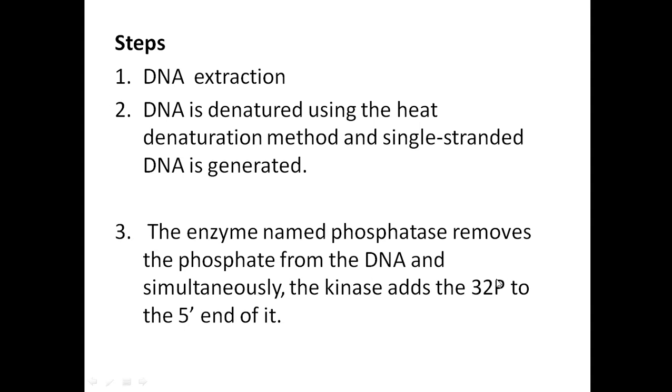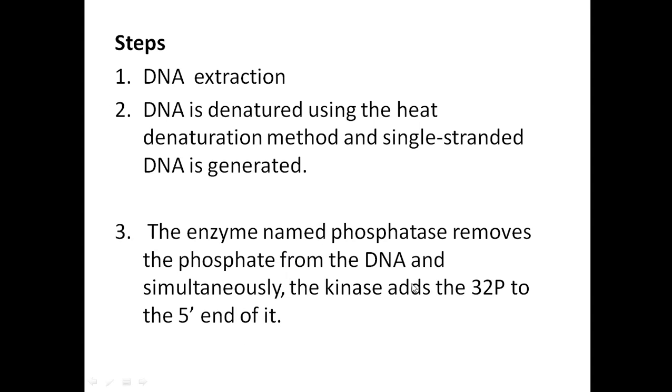It is 32P phosphorus, so you need two enzymes, phosphatase and kinase. When the DNA strand is treated with phosphatase and kinase, the normal phosphate at the 5 carbon end is removed, and at that place the 32P phosphate is put in place of the normal phosphate with the enzyme kinase. That is radio labeling the DNA strand.